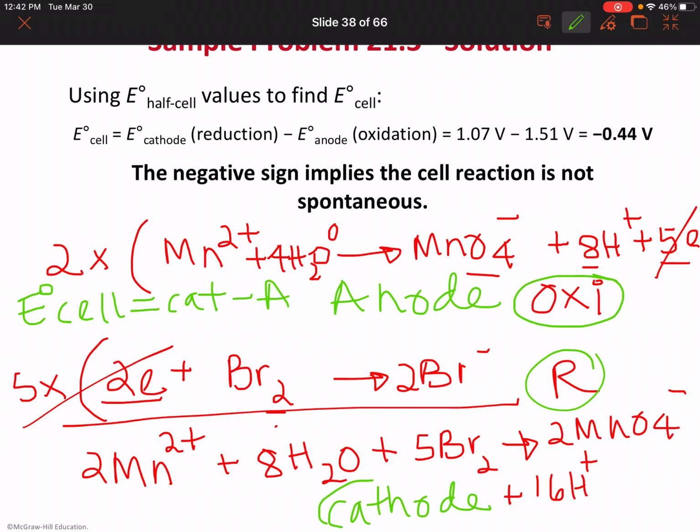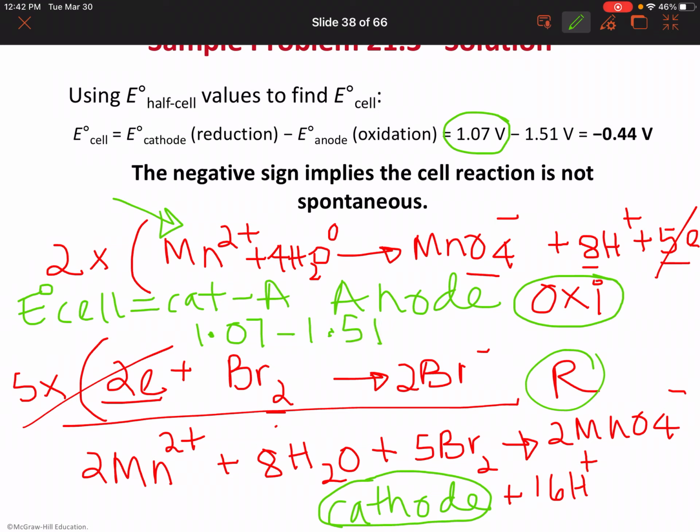Now, the cathode potential you can find from the appendix. The cathode, which is bromine becoming bromide, is 1.07, the cathode reduction potential, right? So 1.07 is the cathode. And then your anode is where the oxidation happened, which is manganese becoming permanganate, 1.51 positive.